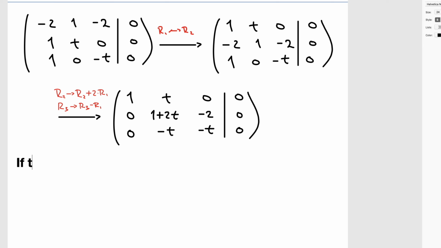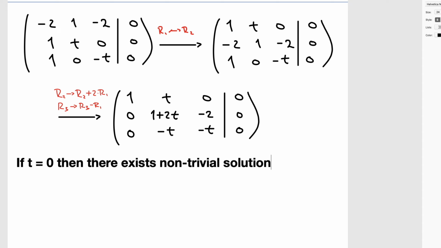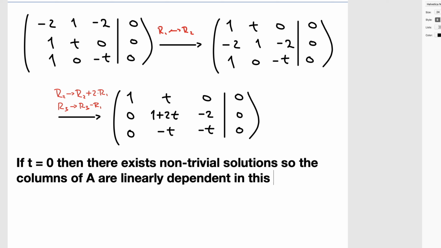So if t equals 0, then there exists non-trivial solutions. So the columns of A are linearly dependent in this case.